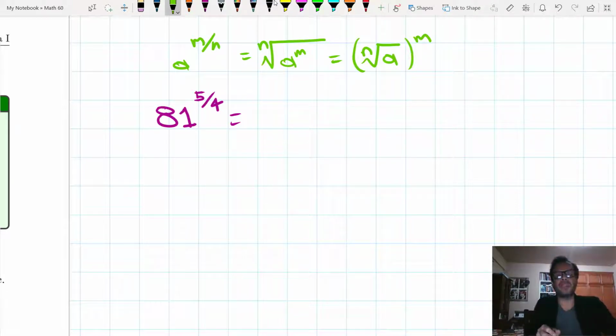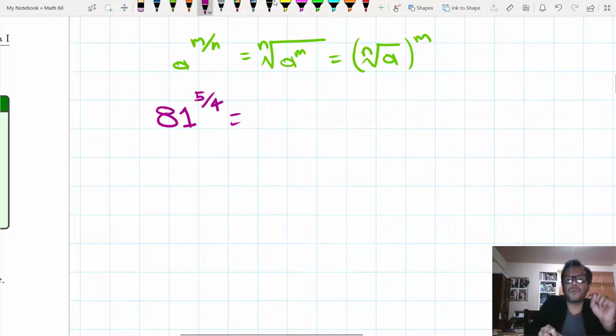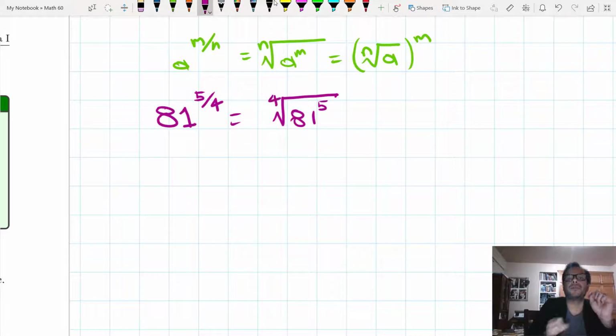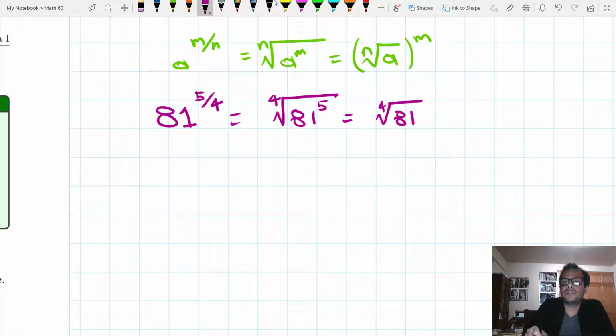Let me do it the hard way first, okay? So one way is to write the number 81 to the 5th power, and then take the fourth root. This is equivalent to the fourth root of 81 to the fifth power. Okay, the hard version.